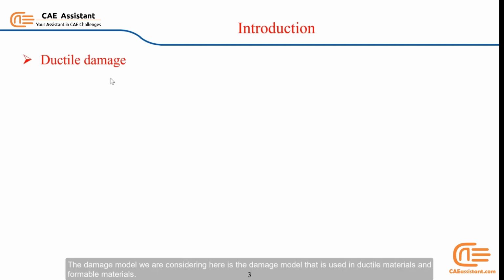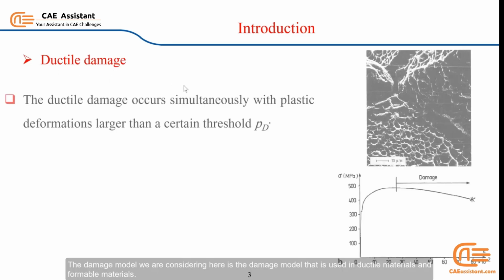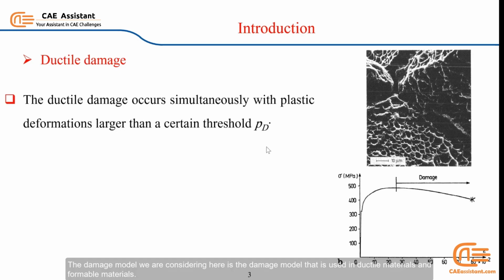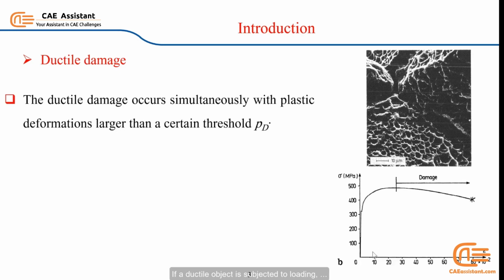The damage model we are considering here is a damage model that is used in ductile materials and formable materials. If a ductile object is subjected to loading, it will initially behave elastically and then enter into plastic deformation and finally lead to failure. When we enter the plastic area, the damage happens when the plastic strain exceeds the threshold, and this damage starts to grow.